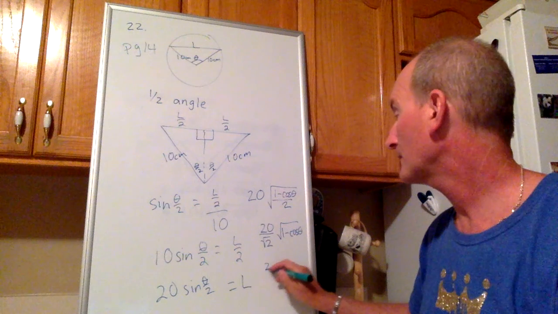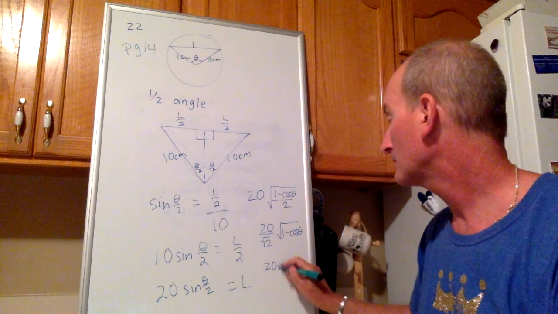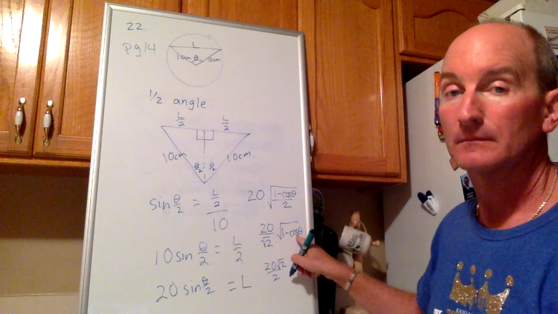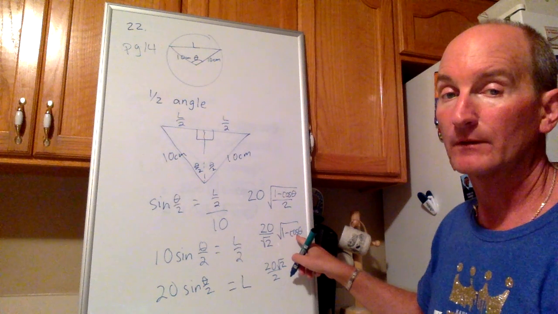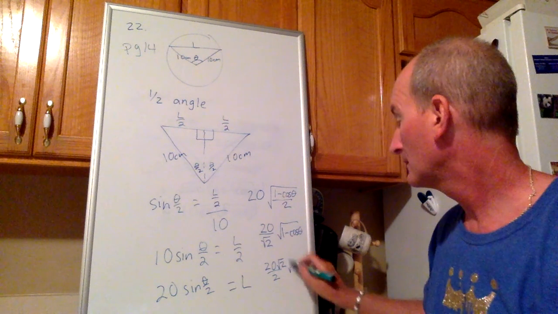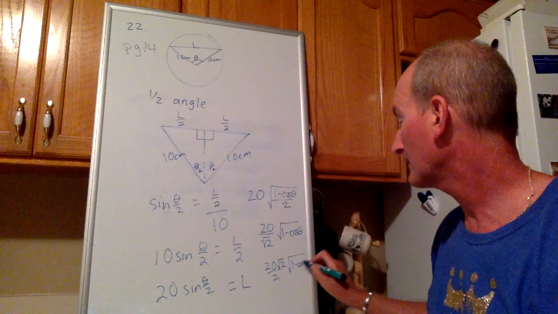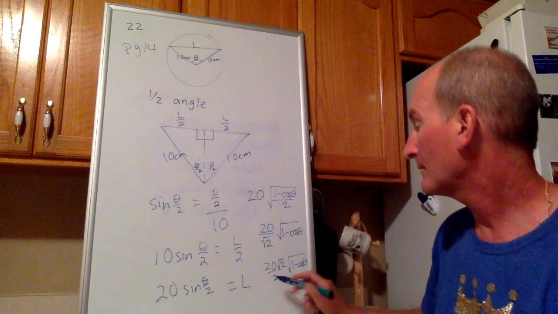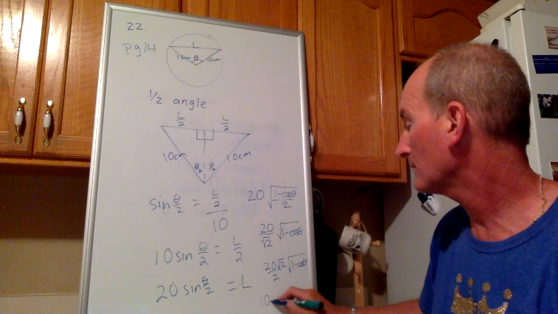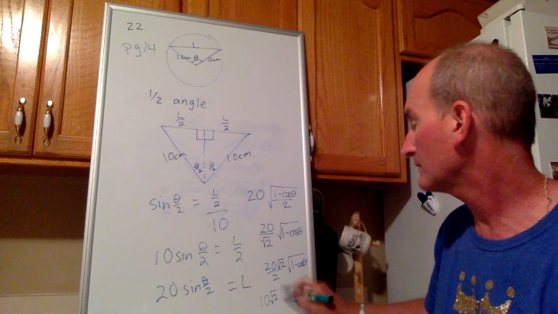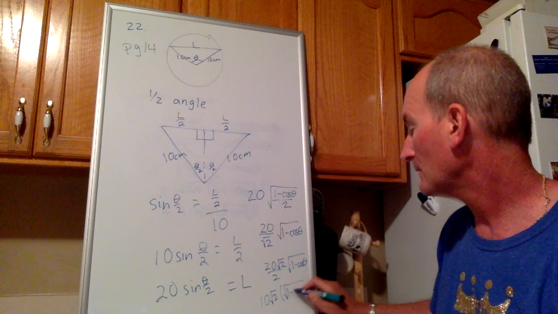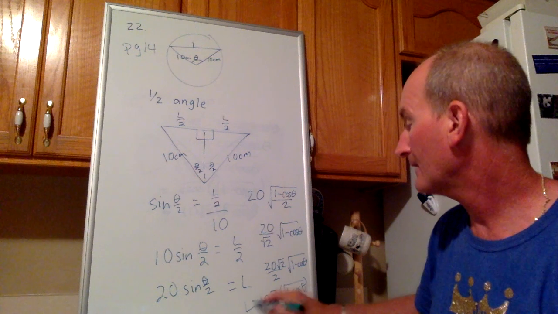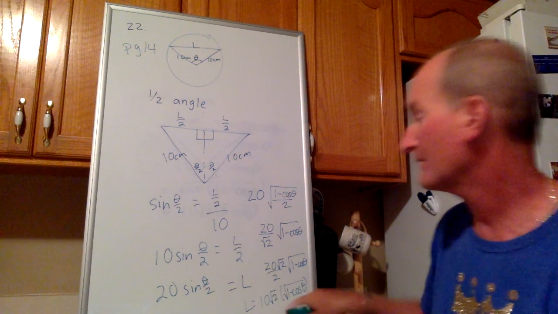We get 20 times the square root of 2 divided by 2, not doing anything with this other than just bringing it down, times the square root of 1 minus cosine theta. Almost finished here. 20 divided by 2 is 10, so we get 10 radical 2 times the square root of 1 minus cosine theta. And we still have L as a function of theta.